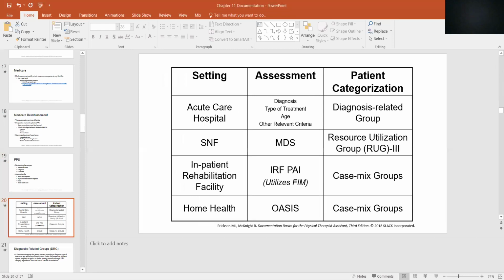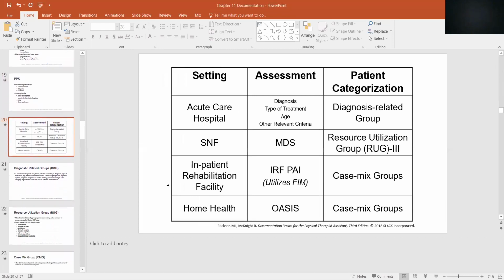So here, looking at this table, you see in the acute care hospital, the assessment depends on the diagnosis, the type of treatment, their age, and other relevant criteria. So that could be like their comorbidities. And so they'll be put into a diagnosis-related group. You'll hear that referred to as a DRG. So if you're working in an acute care hospital, the hospital gets paid a lump sum of money on that diagnosis-related group.